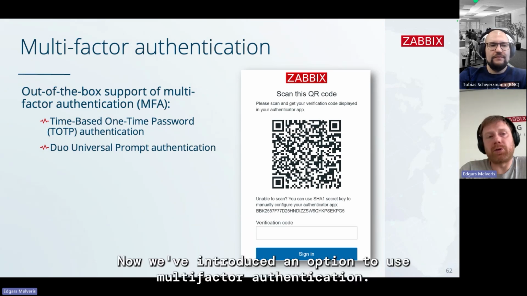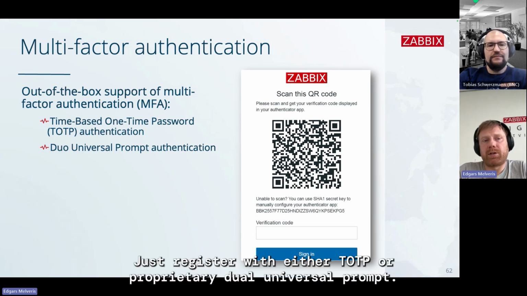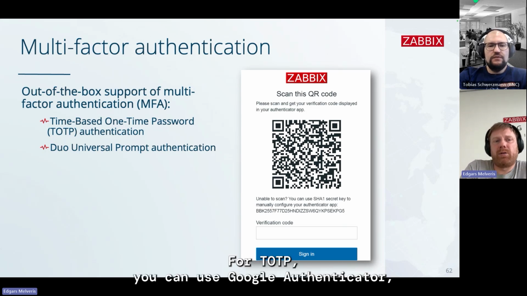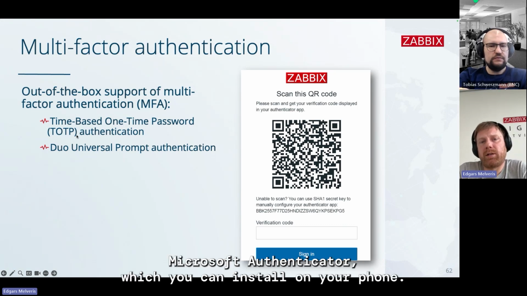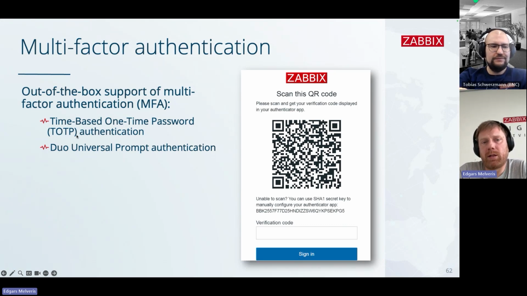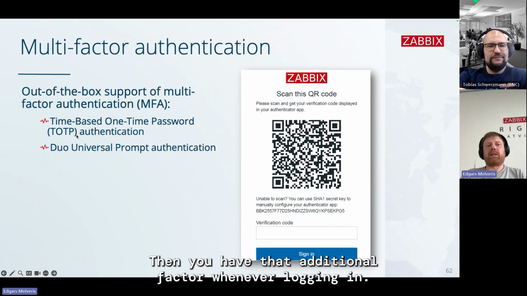So now we've introduced an option to use multi-factor authentication. Just register with either TOTP or the proprietary Duo universal prompt. For TOTP, you can use Google Authenticator or Microsoft Authenticator, which you can install on your phone. And then you have that additional factor whenever logging in.